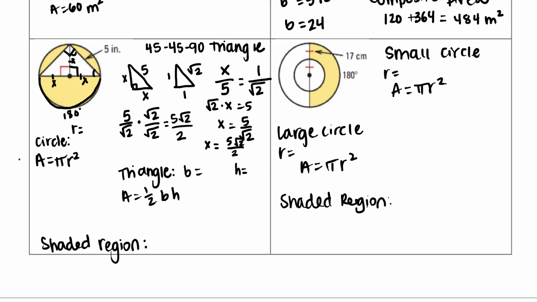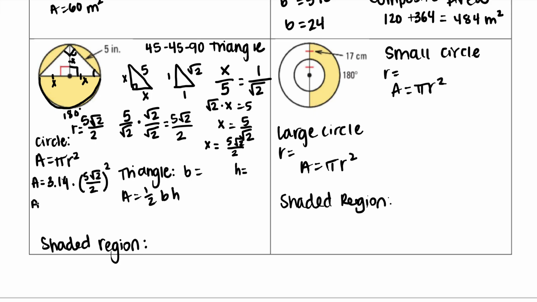So when we go ahead and start actually solving here for this shaded region, I'm going to first find the area of the entire circle, and I just calculated that my radius, or my x value, was 5 root 2 over 2. So now that I know that, I can plug it into the area of a circle. Pi is represented as 3.14. We're going to just abbreviate it like that. And then r is our 5 root 2 over 2, and I'm squaring this entire fraction.